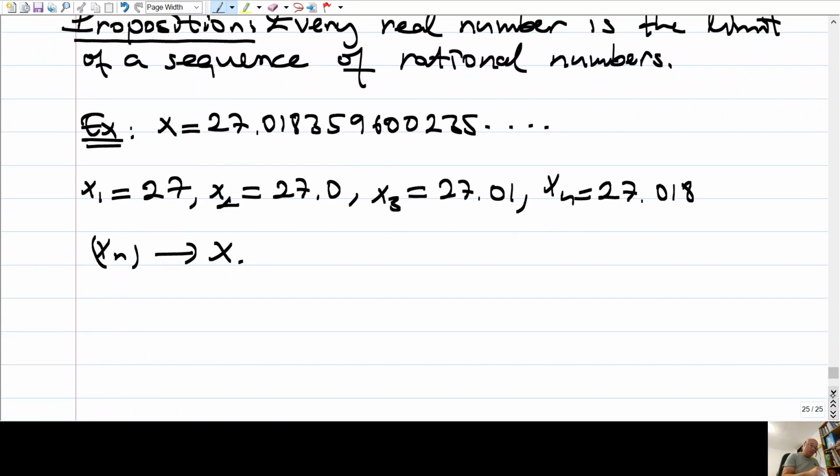Okay, that's the idea. But how can we write this down? We actually did this, the existence of decimal real numbers. How was it?